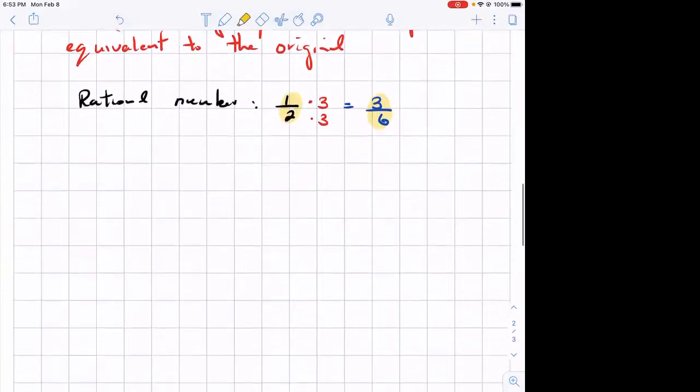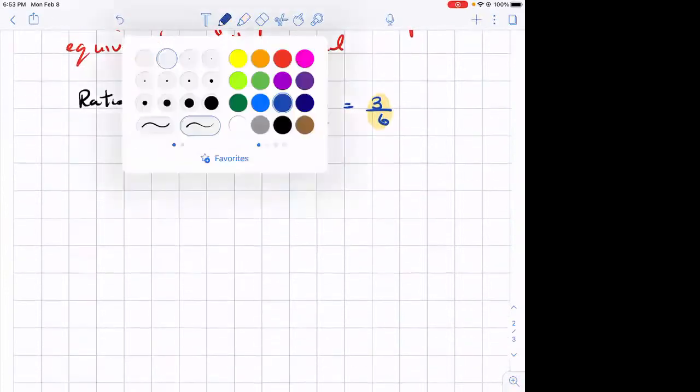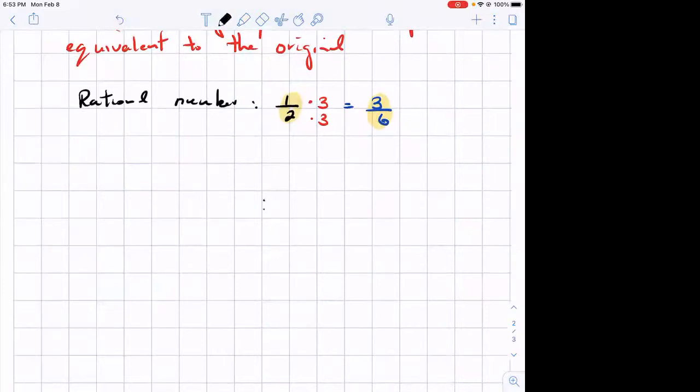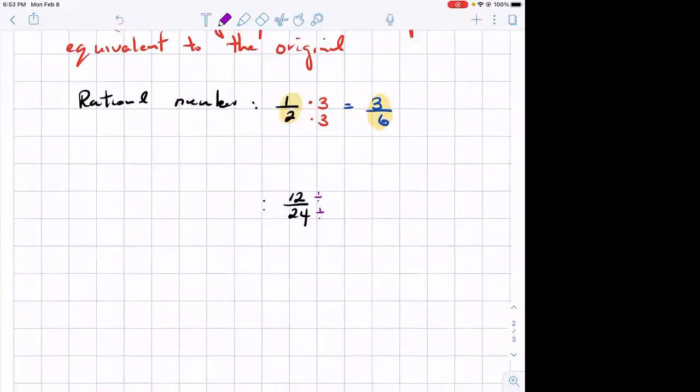How about if we had 12/24? If you divide top and bottom by 12, you will get 1/2. These two things are exactly the same.